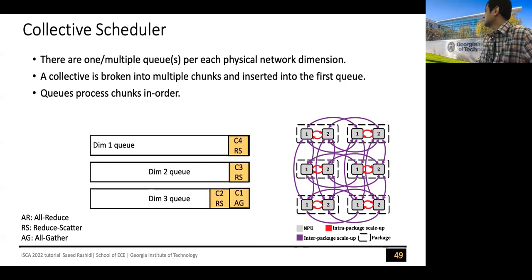Here I'm just showing you what happens in these network dimensions. Now this first chunk is completed, and the other chunks are in these queues for their respective stages to be finished. And this way, you want to model concurrency and pipelining across different network dimensions.